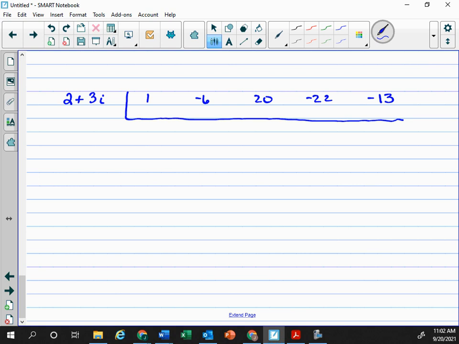Okay, so synthetic division, we bring down the 1. Then I multiply, so this is 2 plus 3i. Okay, so this is clearly weird right from the start. So when I add, I have -4 plus 3i.